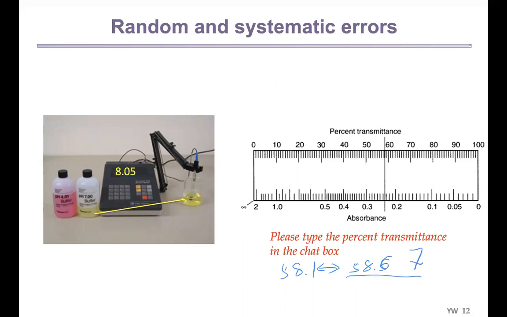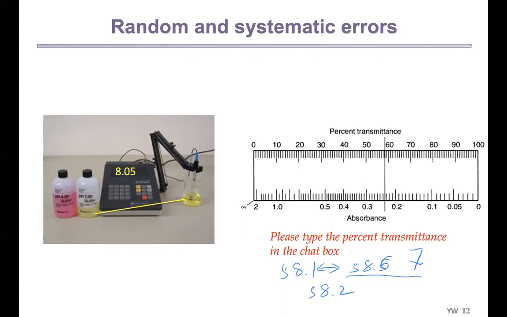For a lot of them, I think most of you select 58.2, right? So if we are going to do an average of all your readings, it probably will be around 58.2 or 58.3, okay?